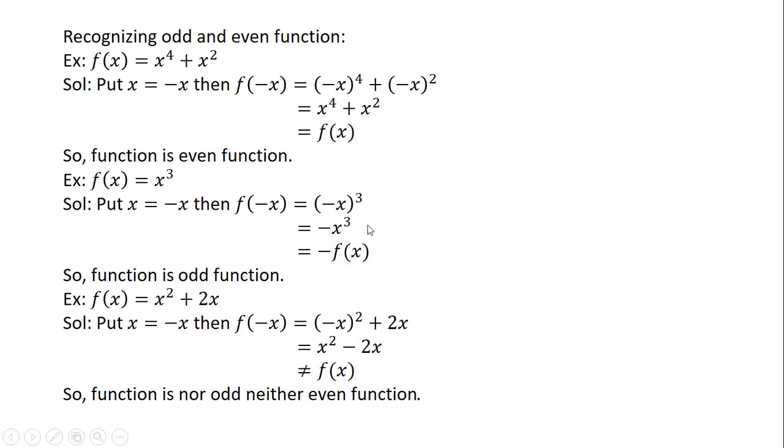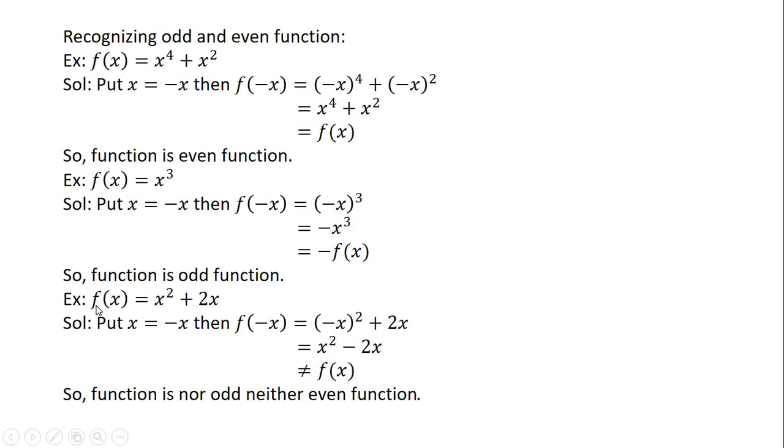Otherwise if we have x cube plus 2 or any number with this value, we will take common minus 1. So this function equals f of minus x equals minus f of x, then the function is an odd function.